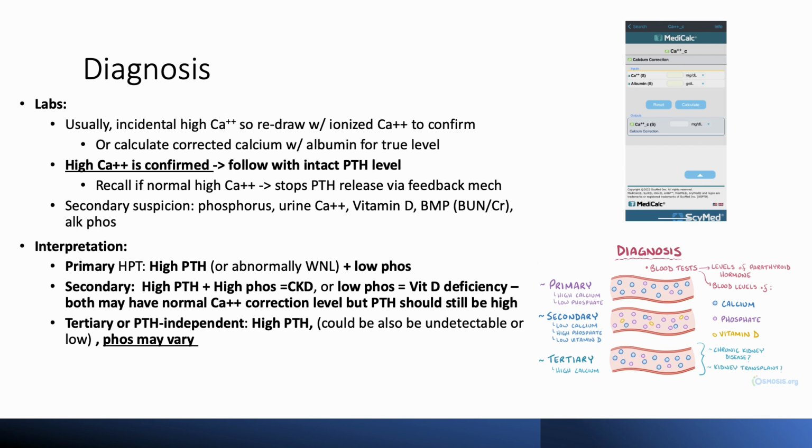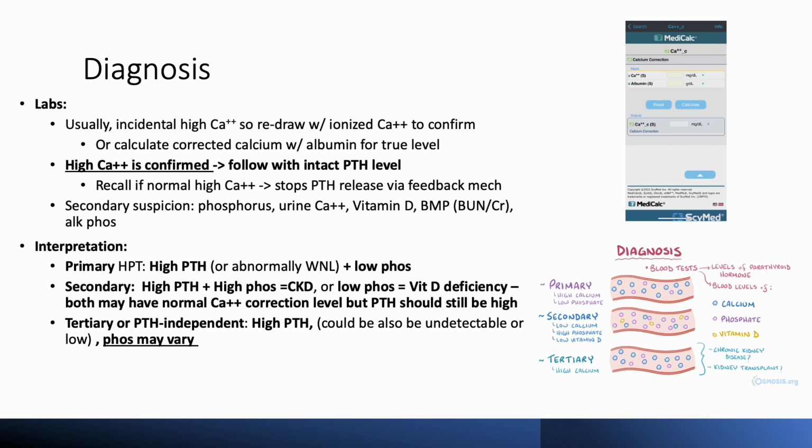Okay, so we want to confirm that level of hormone is high, and then recall if your parathyroid function is normal, you have high calcium in the blood, you should stop having PTH release. So if you have high calcium, you should have low PTH.